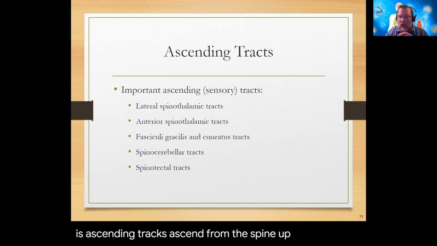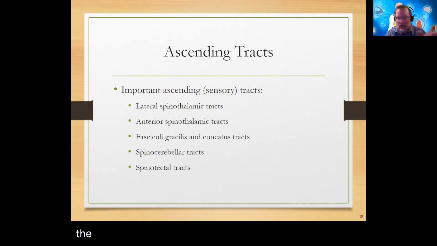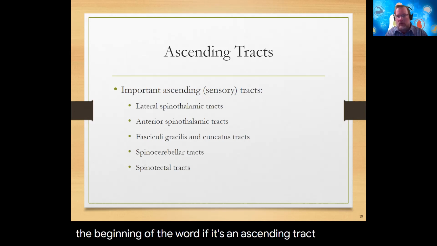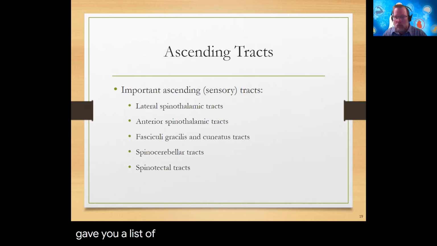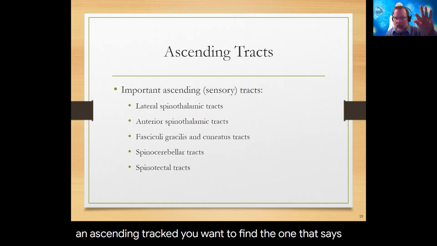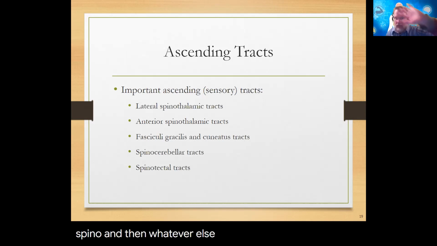So spino is going to be at the beginning of the word if it's an ascending tract. If I gave you a list of four words and said, which of the following is an ascending tract, you want to find the one that says spino and then whatever else. That's an indicator that it's an ascending tract.